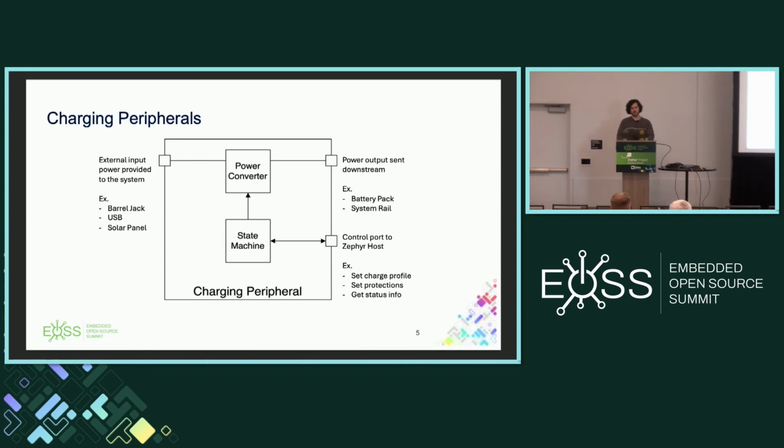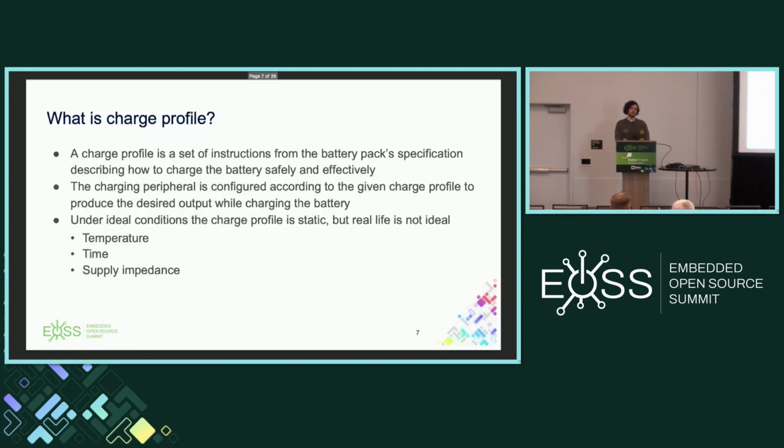But focusing back in on Zephyr and the control port, what exactly are we trying to configure in this state machine? So the most important thing is the charge profile. And you may be wondering, what is it? So a charge profile is a set of instructions from the battery pack specification.